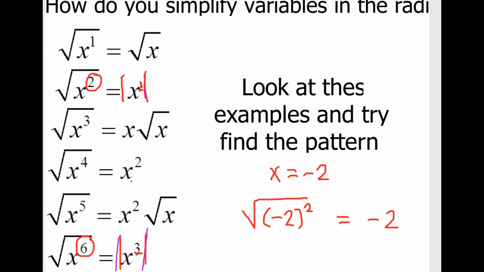But we know that if I would square this, then take the square root, -2 squared would have become 4, and the square root of 4 would have become 2. So that's where the absolute values are coming into play when you simplify a variable. So if you simplify an even, and you get an odd value out, you need to have absolute values.